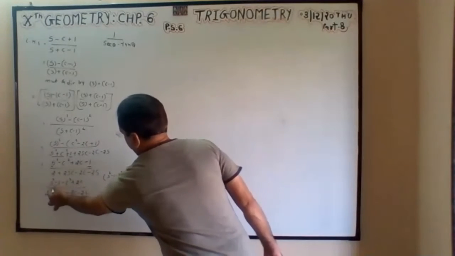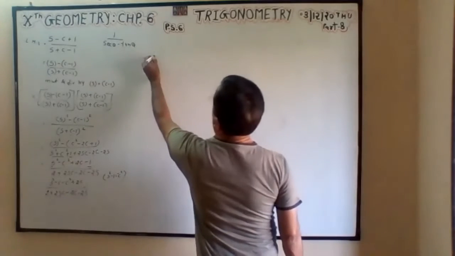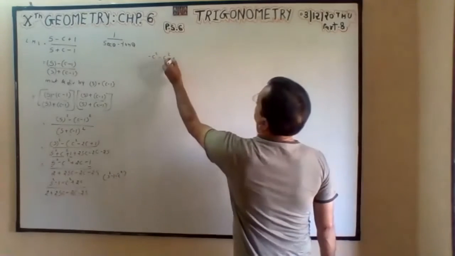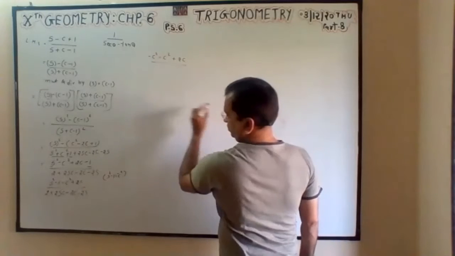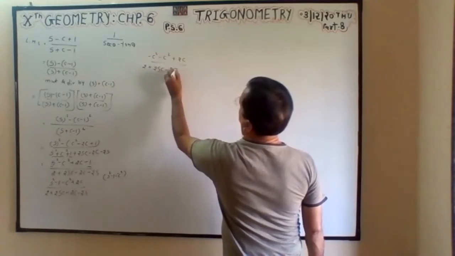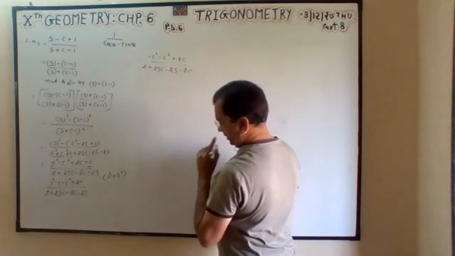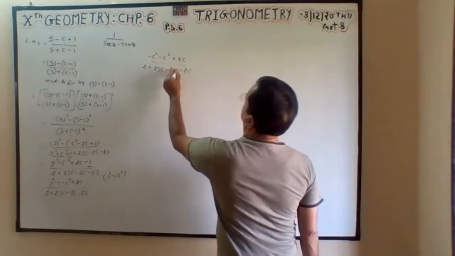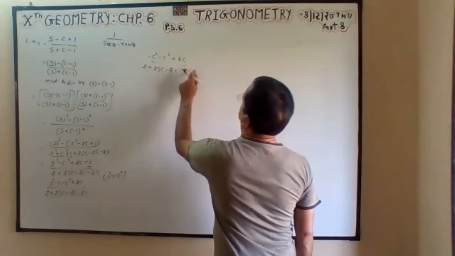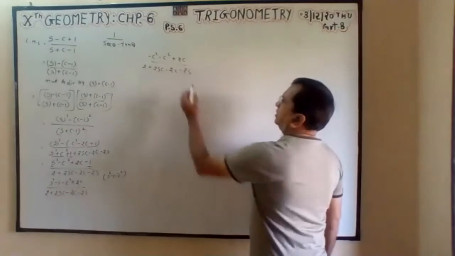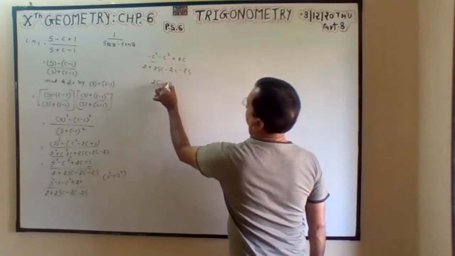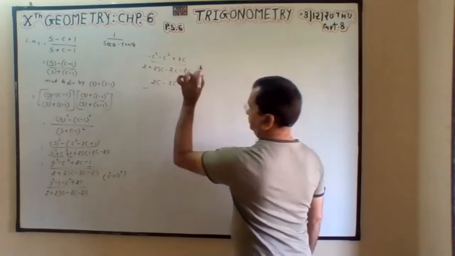Now sin square minus 1 is equal to minus cos square. Again minus cos square plus 2c. Same 2 plus 2sc minus 2s minus 2c. First is s, then first is c, then it is s. No problem. So I will write this first: 2c minus minus minus 2 cos square.